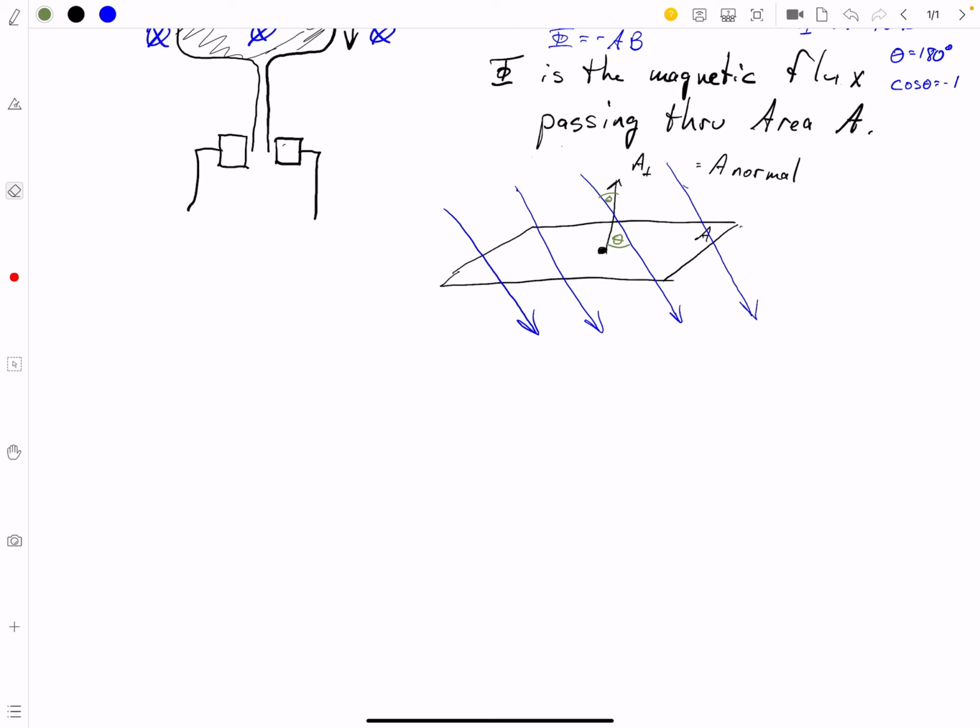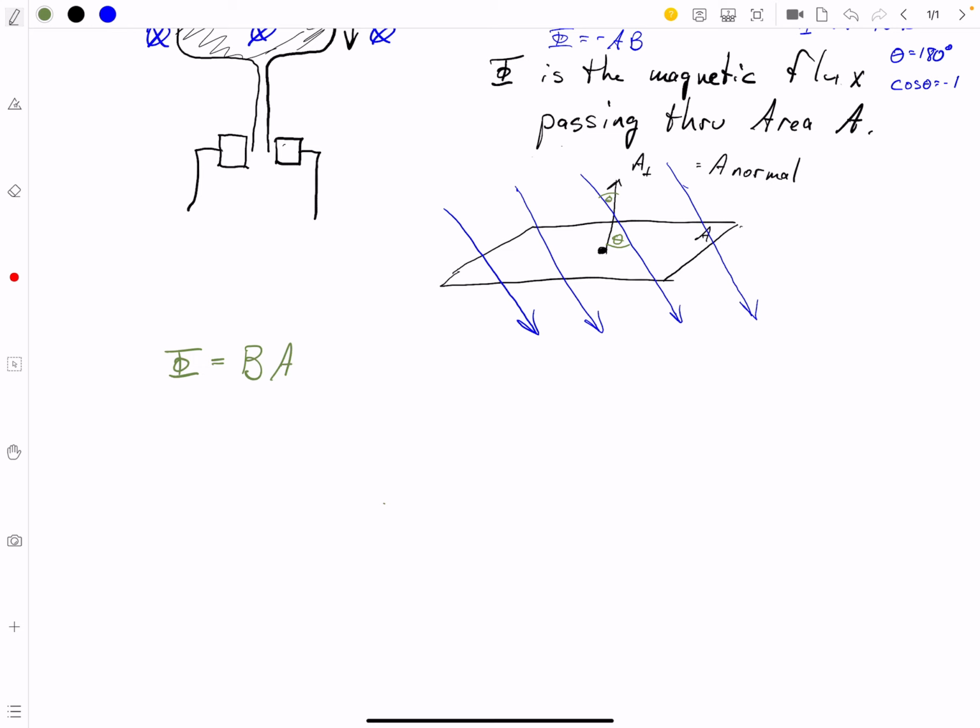So that is the angle that if we wanted to write the magnetic flux out, we would have our magnetic field times our area that it flows through.